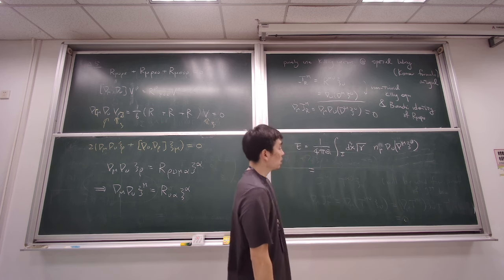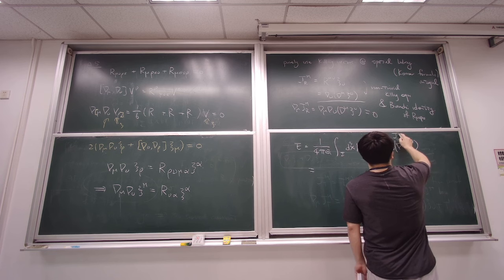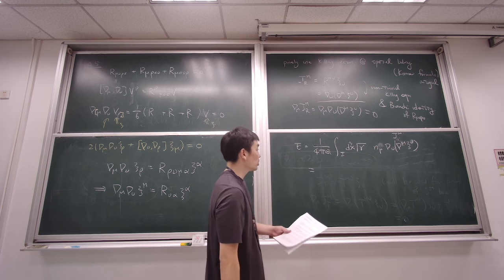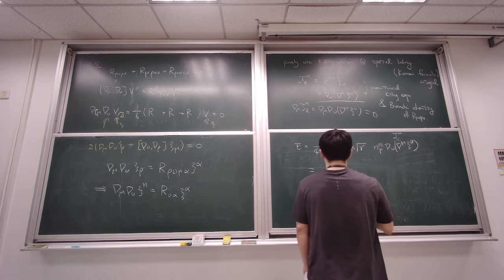Okay, so this is equal to J mu to define the energy. It's called Komar energy, and they do the integral by parts again.